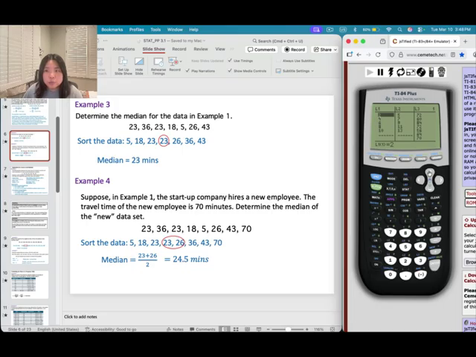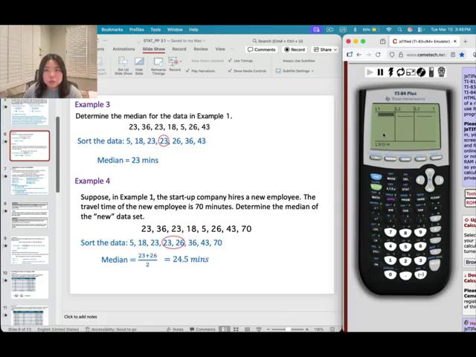You can use the arrow button, go up, highlight the L1, and then click clear, and then enter. So everything will disappear. One more time. Use the arrow button, go up, highlight the L2, click clear, and then enter. Do the same thing, click clear, and then enter. So all the data will disappear.